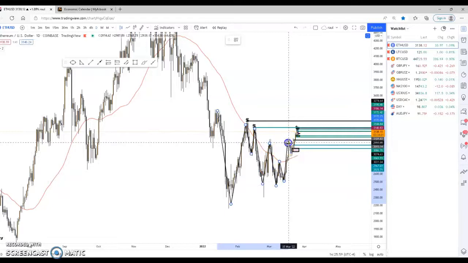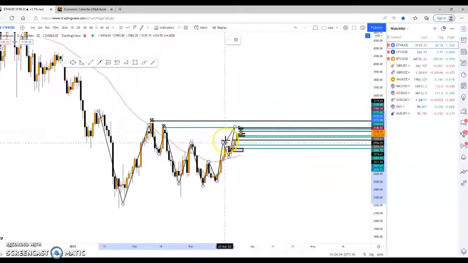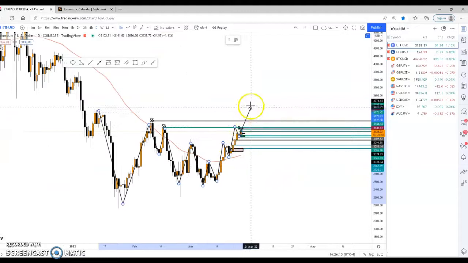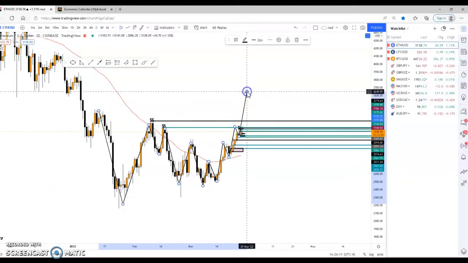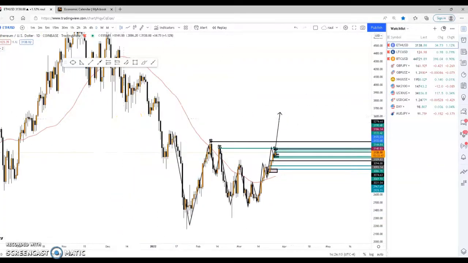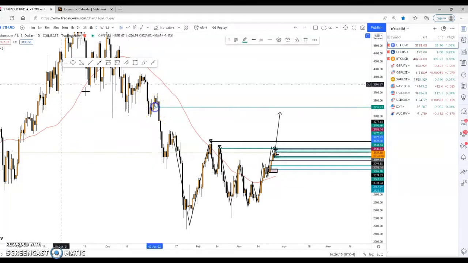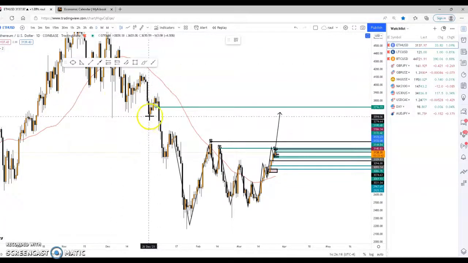Break out of this structure, pull back, break out of this structure here. Since this daily candle was bearish, this could be a pullback to continue breaking. If we break the highs of this, we're just going to continue running, probably to fill that imbalance sitting here between here to here.